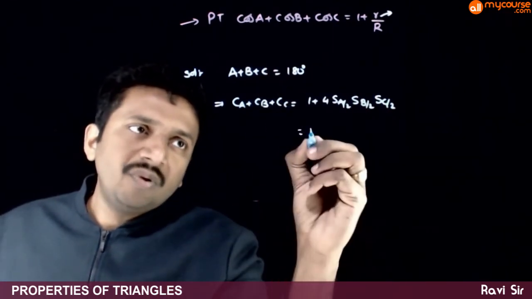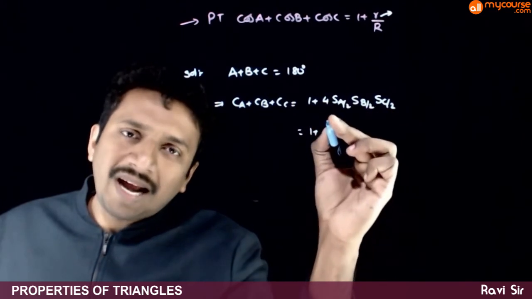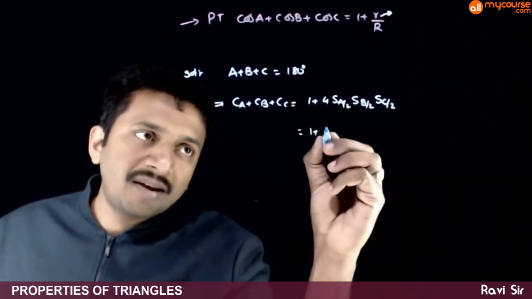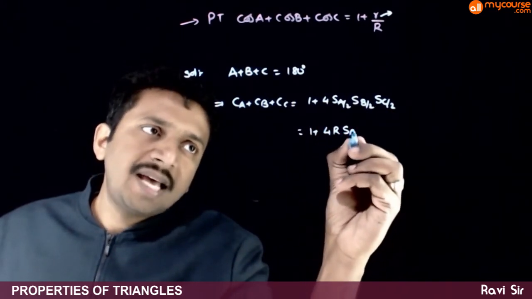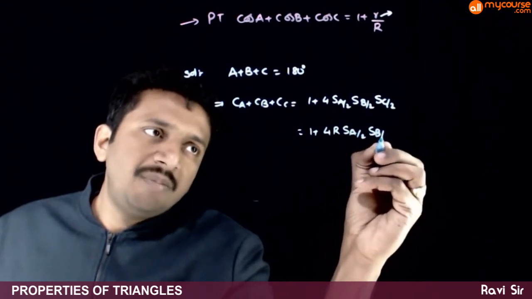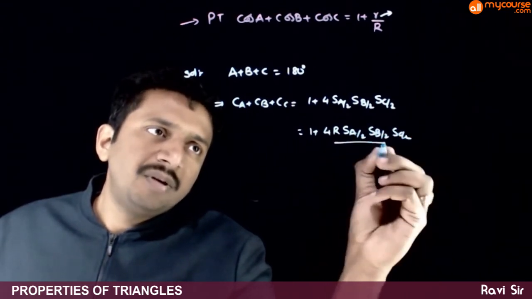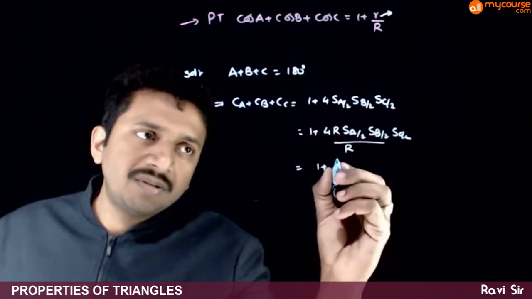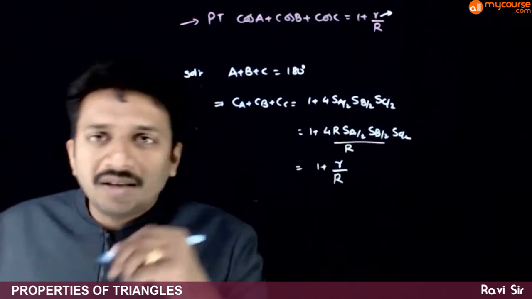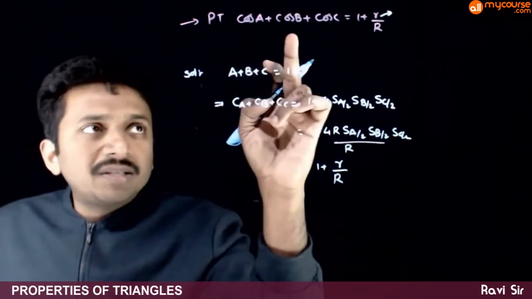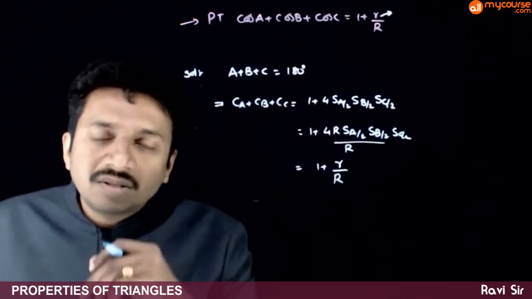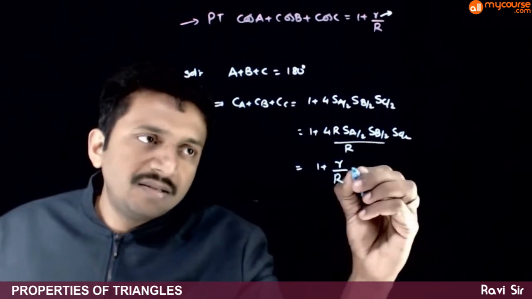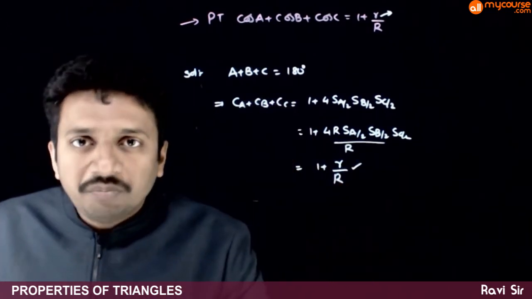That is equal to 1 plus, I'll multiply and divide the second term with capital R: 4R sine A by 2 sine B by 2 sine C by 2 by capital R, that is equal to 1 plus small r by capital R. So cos A plus cos B plus cos C is 1 plus small r by capital R. Hence, the proposition is proved.